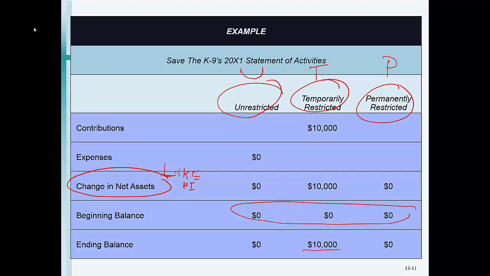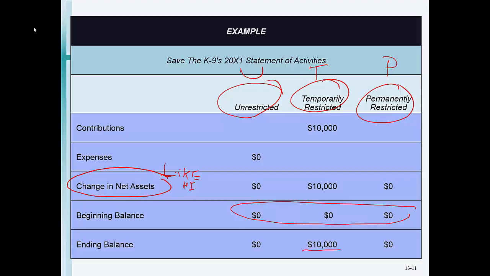So in the unrestricted, our net income was zero because what? Nothing came in, nothing went out, right? In our temporary restricted, our net income was 10,000 because we got that money that came in and we hadn't spent any of it yet. And then in the permanently restricted, nothing happened.